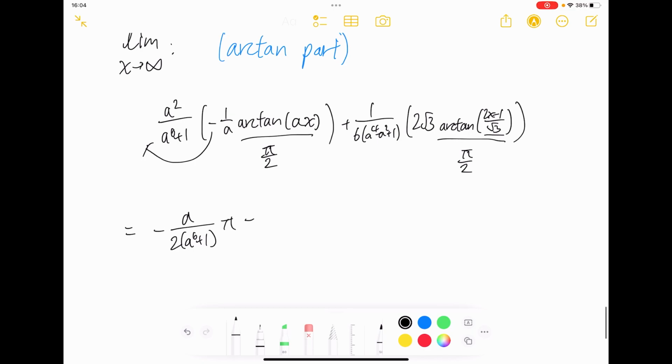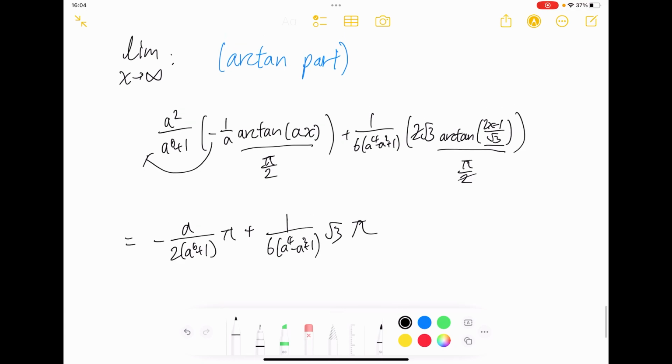And plus 1/6 times (a^4 - a^2 + 1). And then root 3 pi, because these 2's cancel out. And that is literally it for the arctan part.